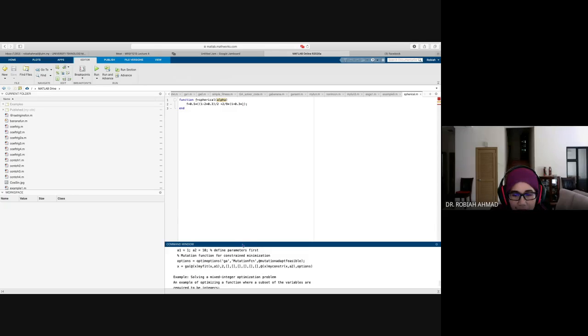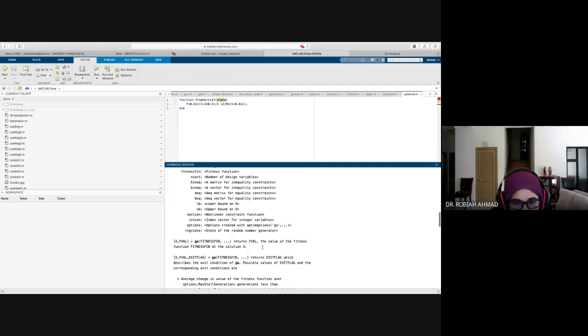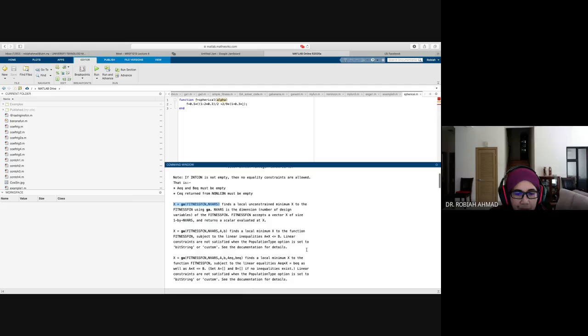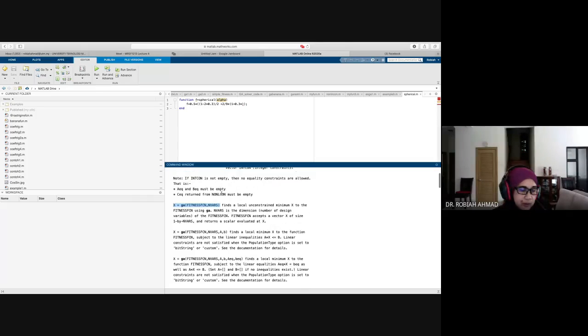So this is the syntax for GA. This is the simplest one: x equal to ga, fitness function, number of variables. If we have more, for example constraints and so forth, it is added. But the basic one is ga, fitness function, number of variables.